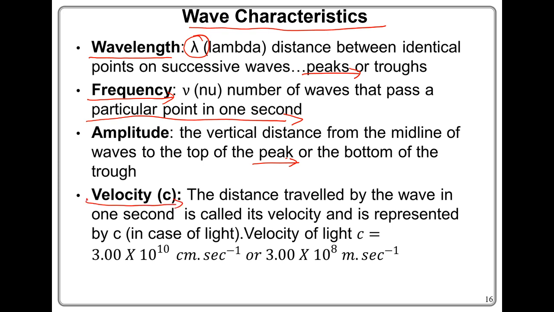Velocity is the distance traveled by a wave in 1 second, and it is represented by c. The velocity of light, also normally called the speed of light, c, equals 3 times 10 to the power 10 centimeters per second, or 3 times 10 to the power 8 meters per second.